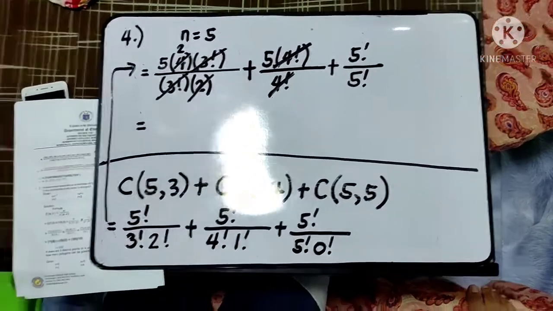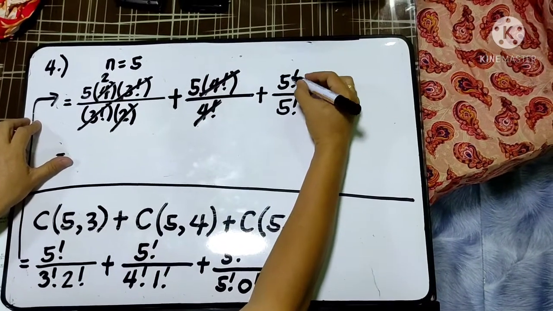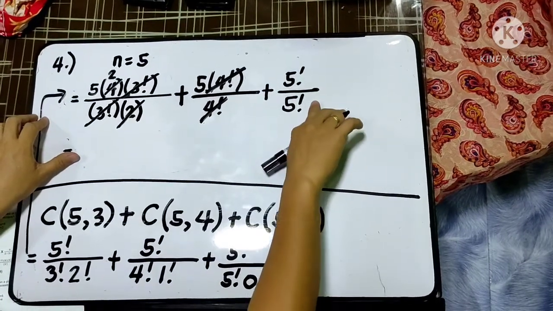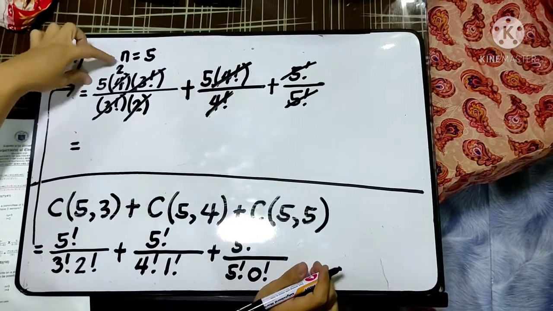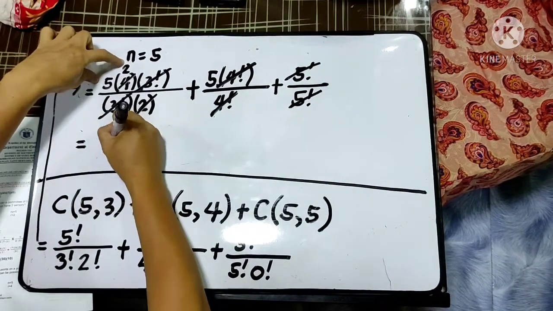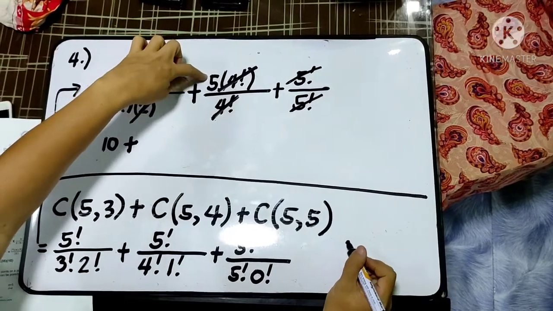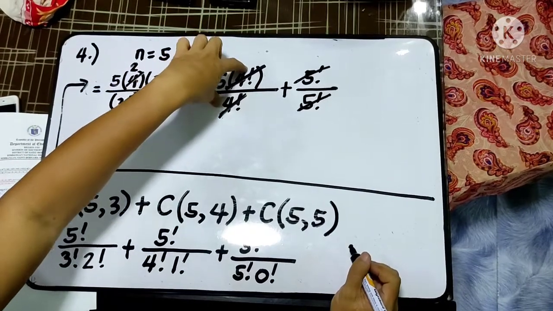So you can cancel now 5 factorial and 5 factorial. Dahil 0 factorial is equal to 1, you may not write that here. So cancel, cancel. So you will have 5 times 2 is 10 plus 5 because you have 1. If the items are cancelled, that is equivalent to 1.